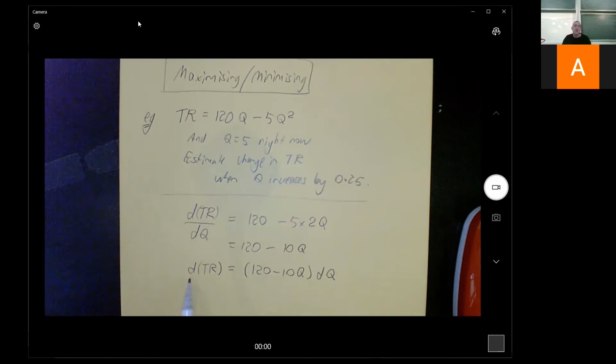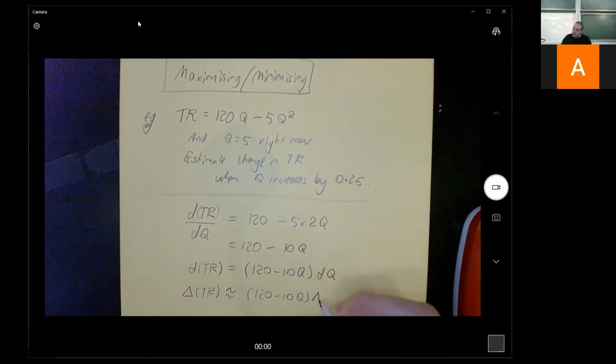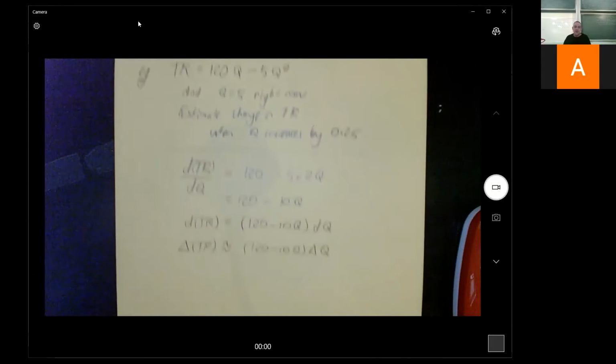So the D stands for an extremely tiny infinitesimal change, like the opposite of infinite, but small. And so we're not looking at that, we're looking at a big change. So it's kind of like the change in TR is approximately 120 minus 10Q times the change in Q. That's how I write it on paper.